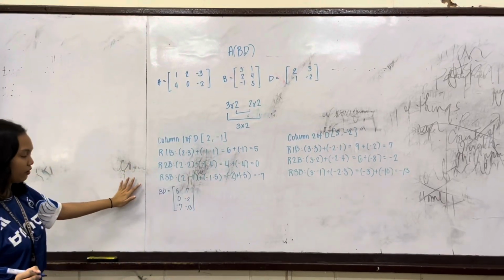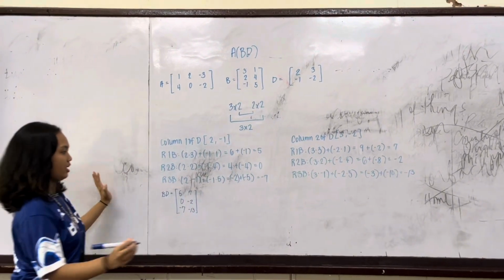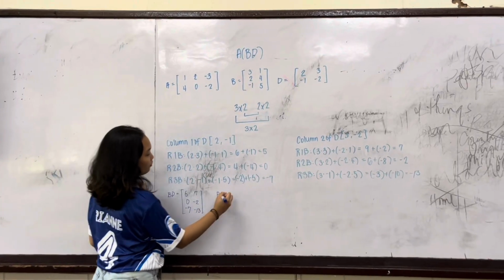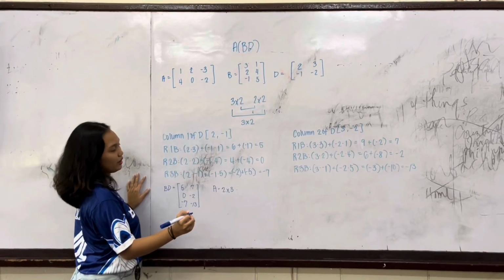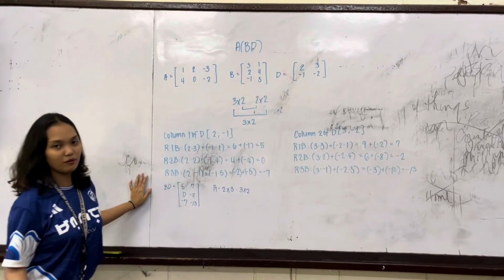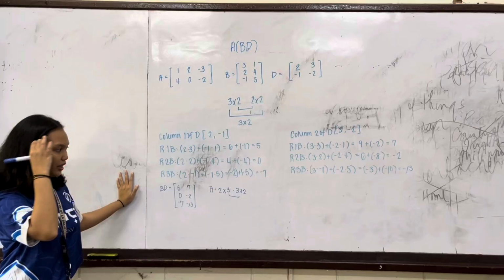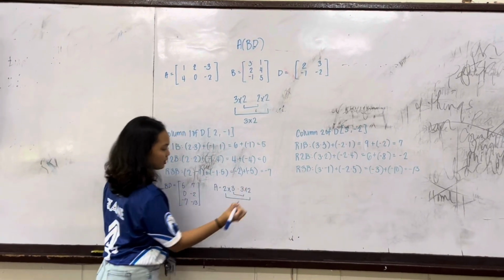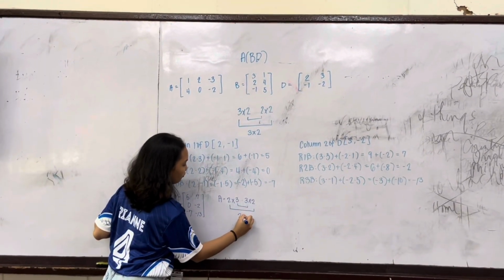Now we're going to find out if the product of matrix BD can be multiplied to matrix A. So we know that matrix A has a dimension of 2 by 3 and matrix BD has a dimension of 3 by 2. Now remember, we can only multiply matrices if these numbers inside are the same. So we can indeed multiply them. And we expect their product will have a dimension of 2 by 2.